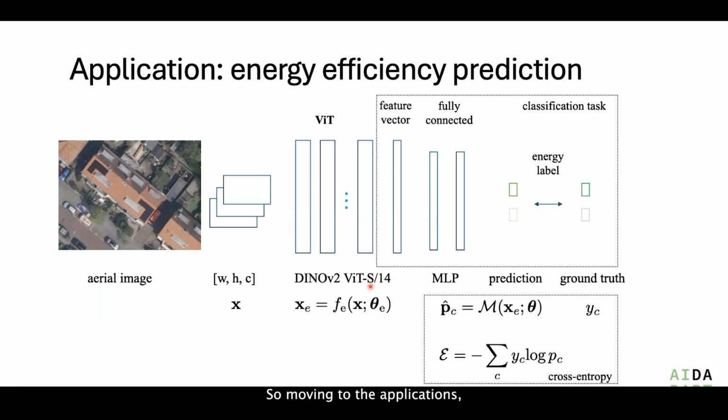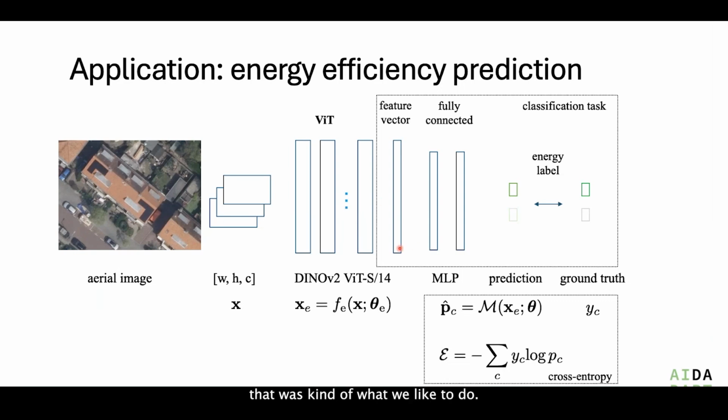So moving to the applications, I'd like to present two of them to close the talk. One is something that we are doing to predict the energy efficiency of buildings. What we do is we take an aerial image of a building with a certain additional context on top of that. We pass it through DINO, and we get this feature vector, right? Which was what I explained to you at the beginning.